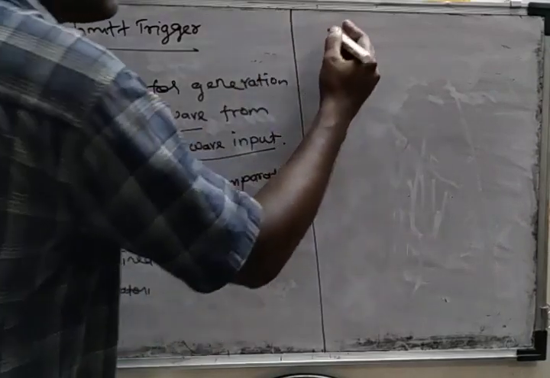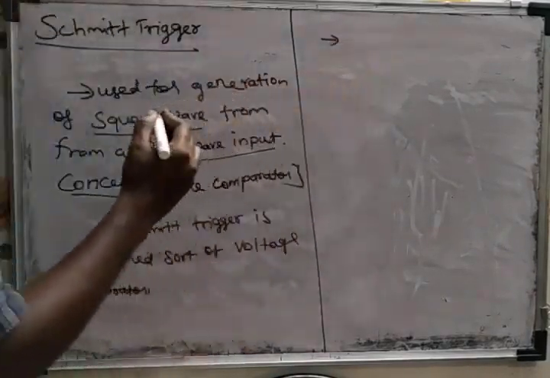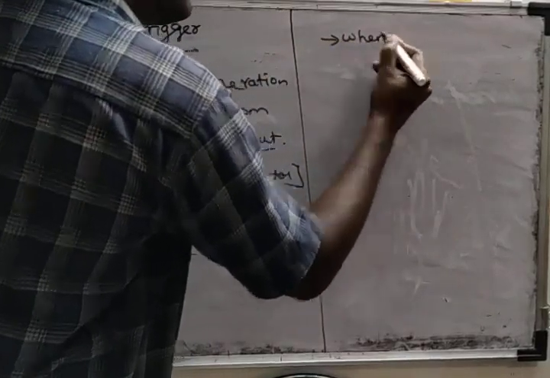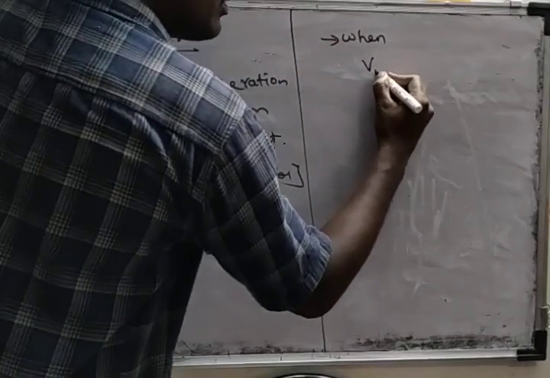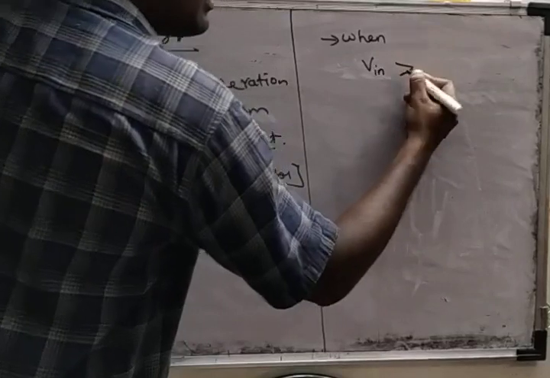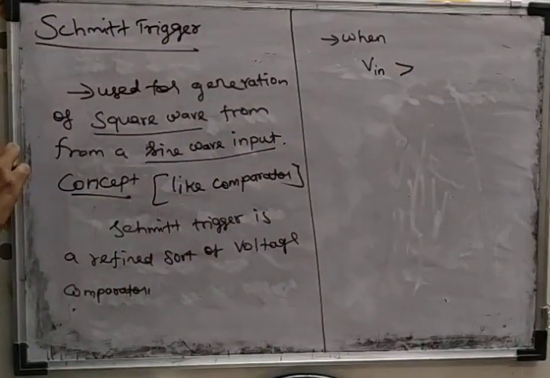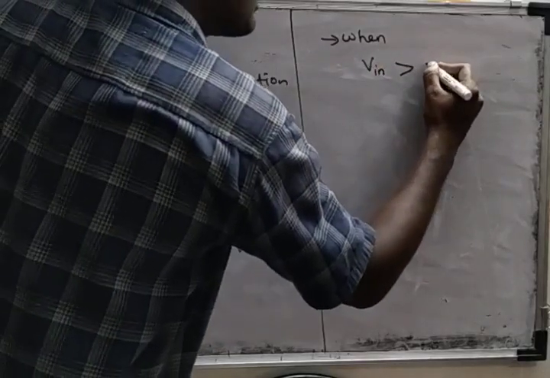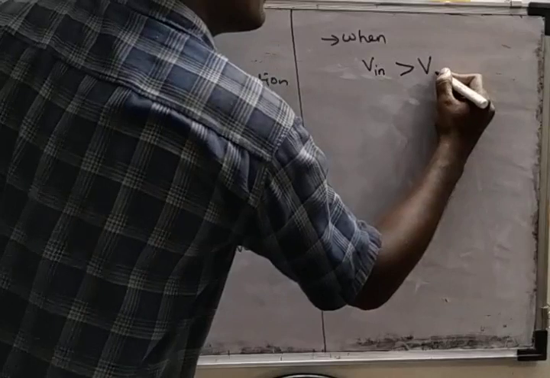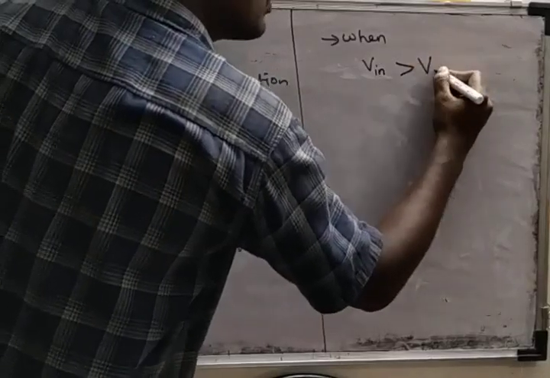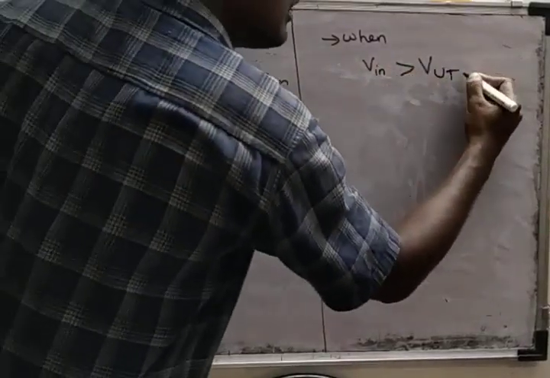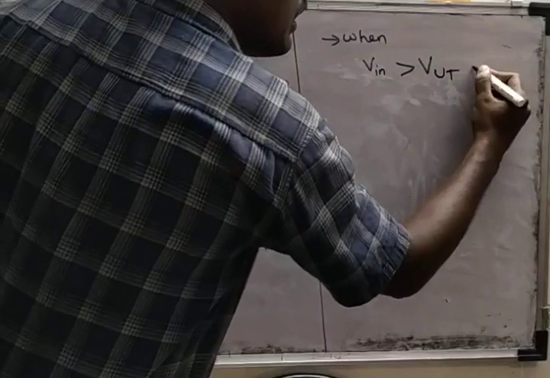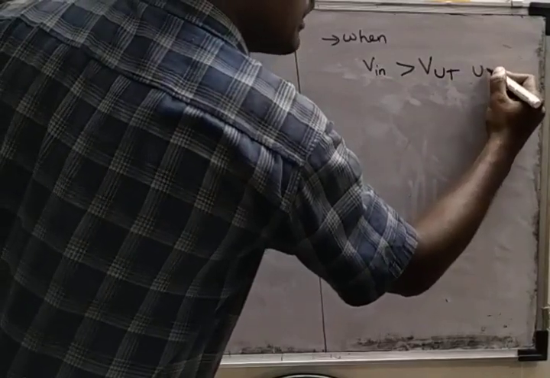That is, when the input voltage is higher than the threshold voltage, I am taking the threshold voltage as VUT.